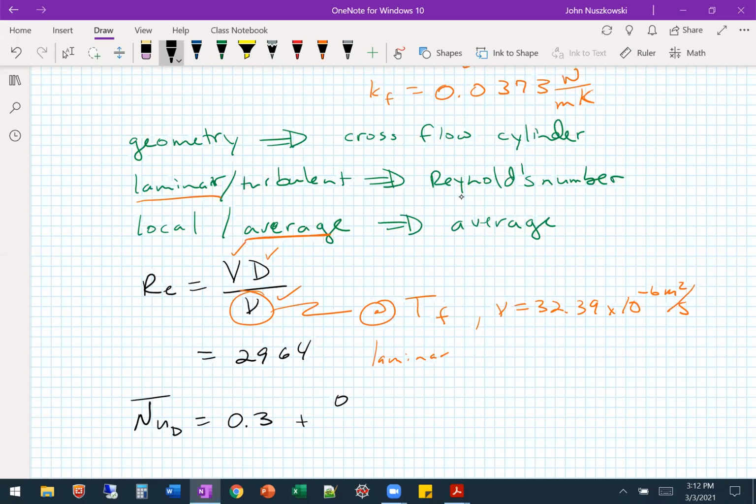This one, although lengthy in equation, works for laminar or turbulent in this case.